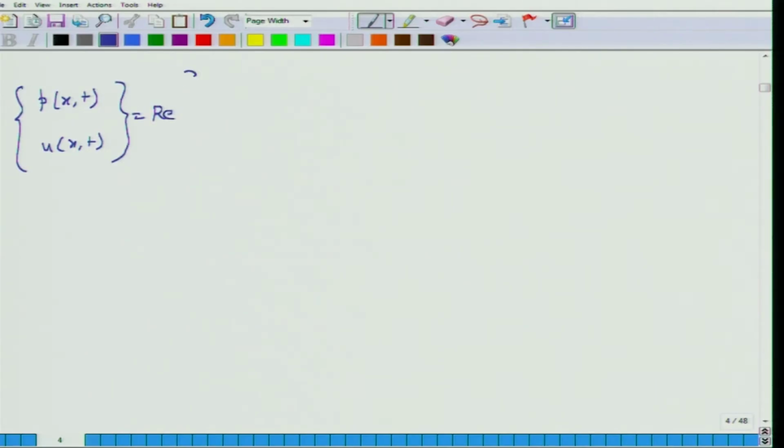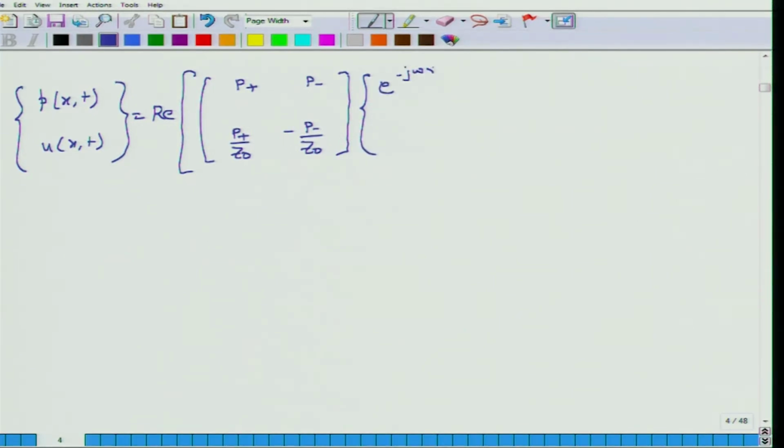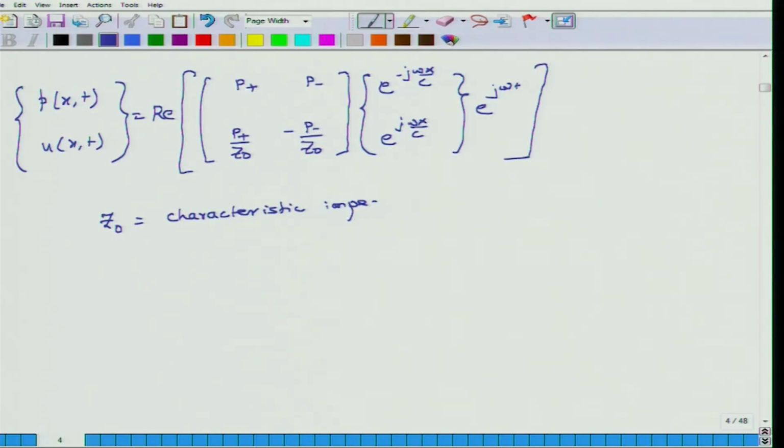It is nothing but the real part of the matrix with P plus, P minus, P plus by Z naught, P minus by Z naught, multiplied by e to the minus j omega x over c, e to the j omega x over c, times e to the j omega t, where Z naught is the characteristic impedance.